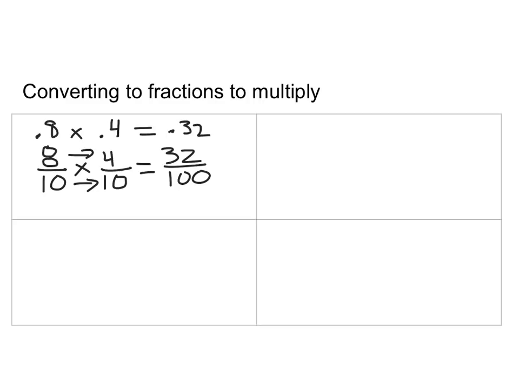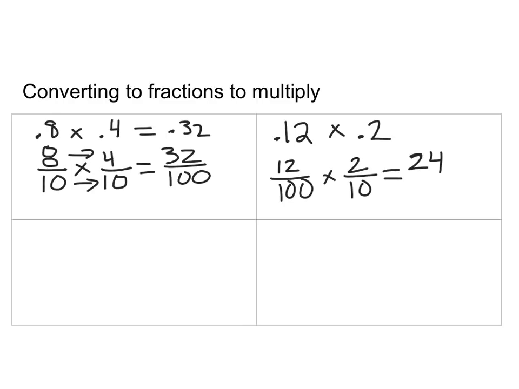All right, let's try it again. This time, let's do 12 hundredths times 2 tenths. First we convert to fractions, and then we multiply. 12 times 2 gives us 24, and 100 times 10 gives us 1,000.